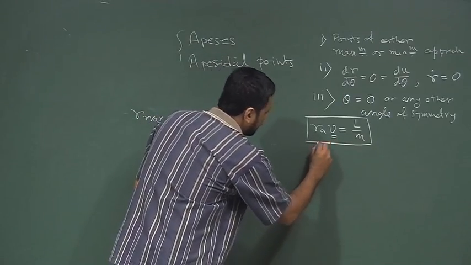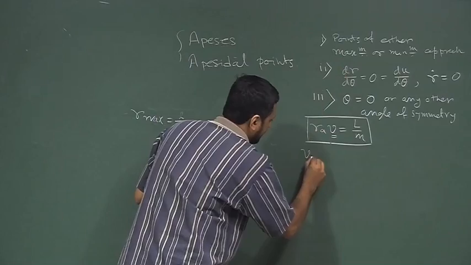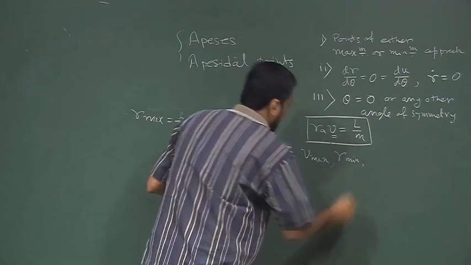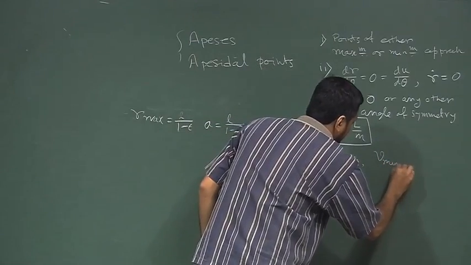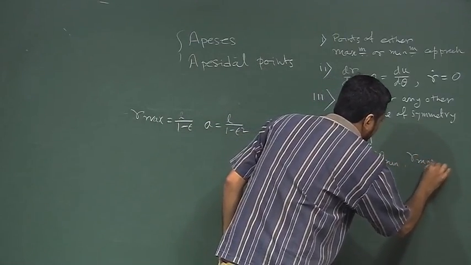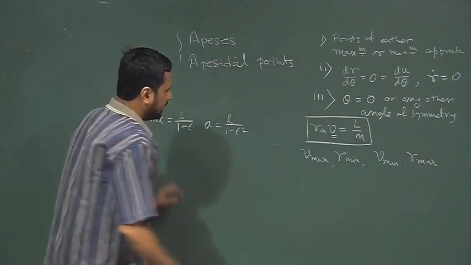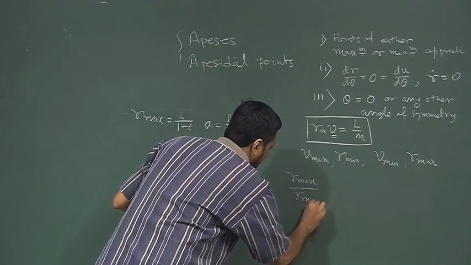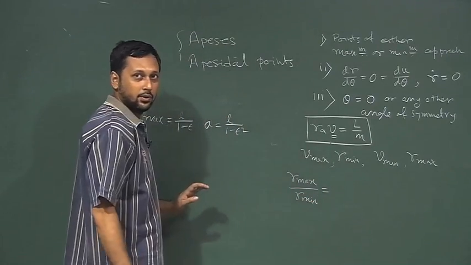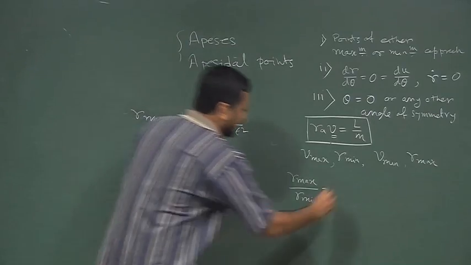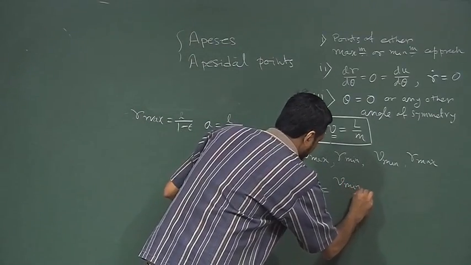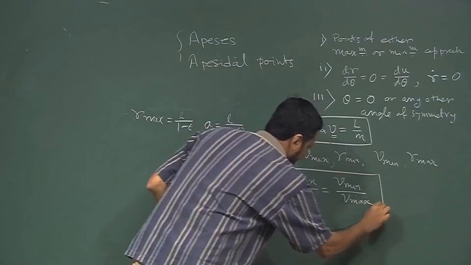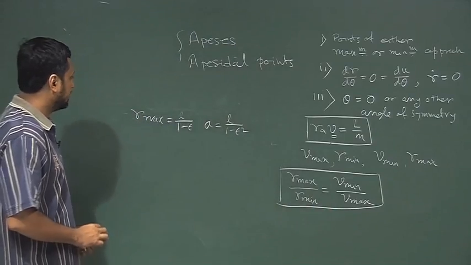So, if we write the velocity at the maximum point as v_max, corresponding to r_min, and v_min corresponding to r_max, then we immediately see from this relation that r_max by r_min will be equal to v_max by v_min. So, this is one relation we have.